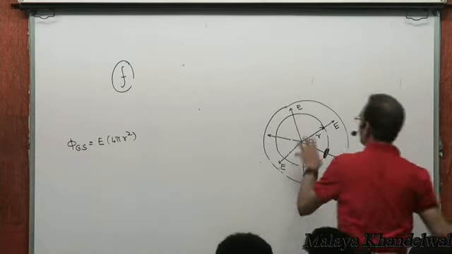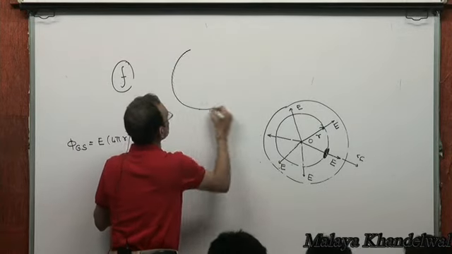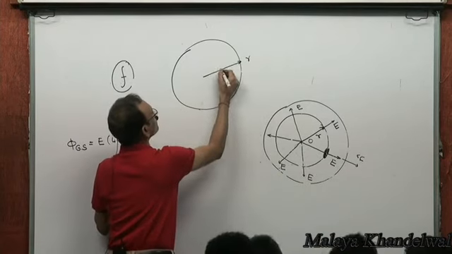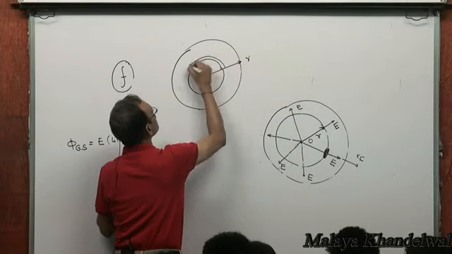If I look at this separately, this sphere of radius small r, the Gaussian surface, there is charge everywhere distributed inside this.